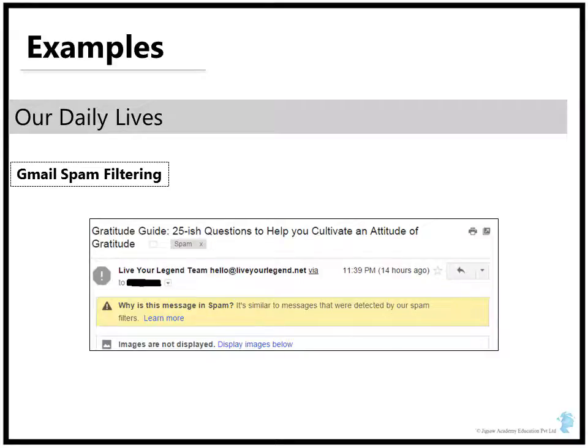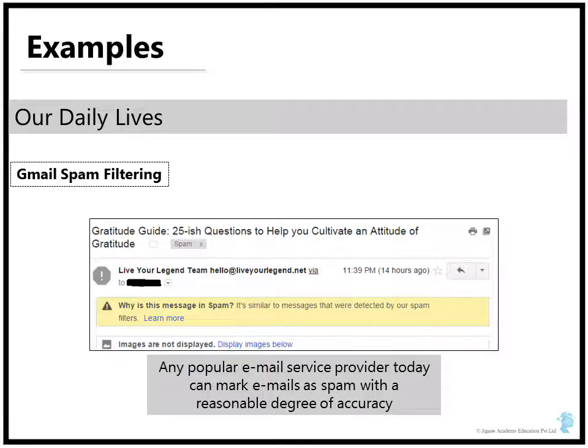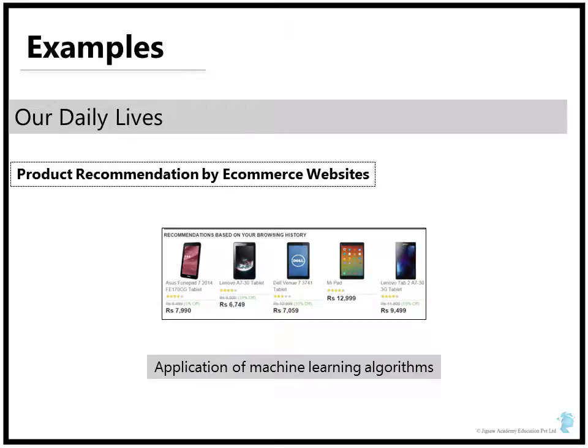And not just Gmail, any popular email service provider nowadays can mark emails as spam or not with a reasonable degree of accuracy. And if you have ever wondered how popular e-commerce websites can come up with surprisingly good recommendations for products that you wish to buy, this is again done by some very clever applications of machine learning algorithms in the backend.